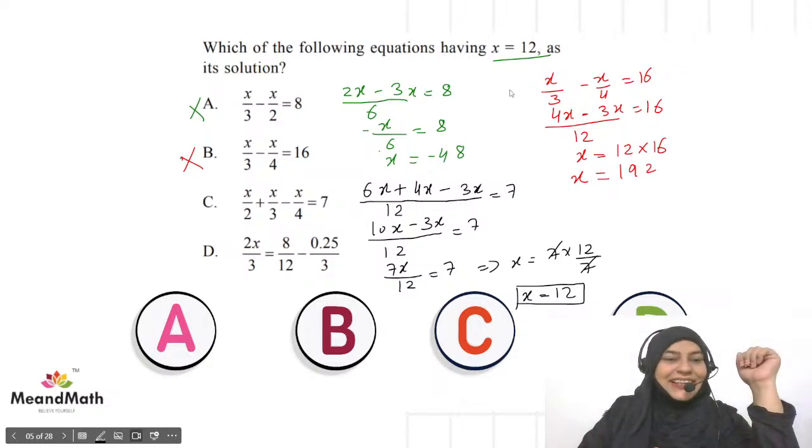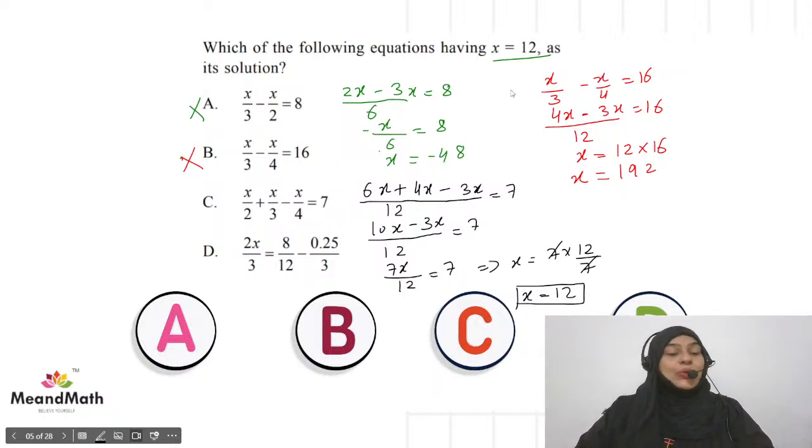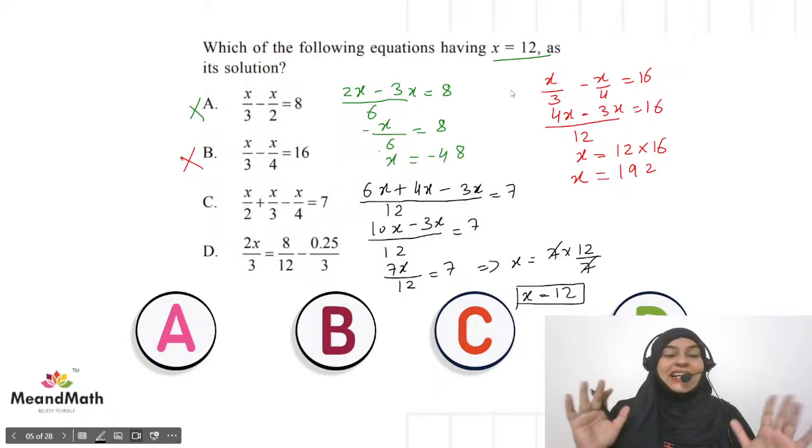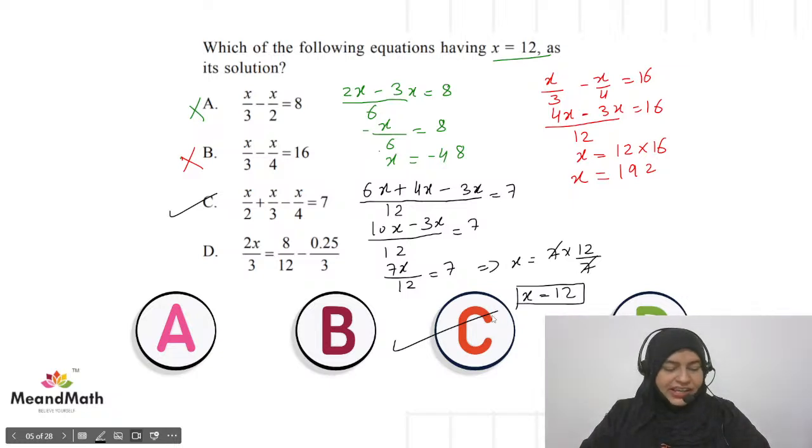And what they are asking is which equation has the solution x is equal to 12. So what is the correct option? What is the correct option here? The option C. Option C is correct. Very good, Ayan.